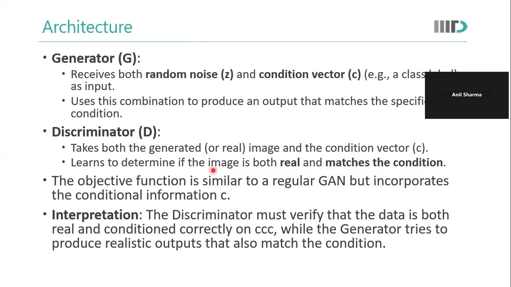The discriminator's output is not only real and fake. The objective function is similar to the regular GAN, but it incorporates the conditional information C. We'll see how it is done. The interpretation is that the discriminator must verify that the data is both real and conditioned correctly on the vector C, while the generator tries to produce realistic outputs that also match the condition.